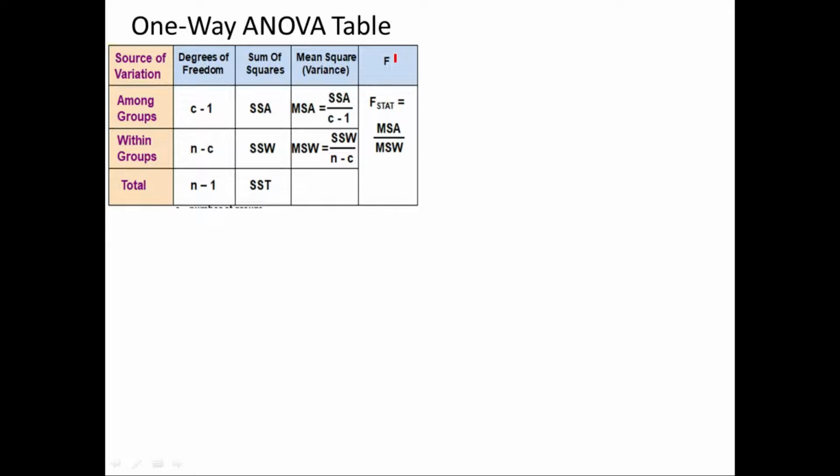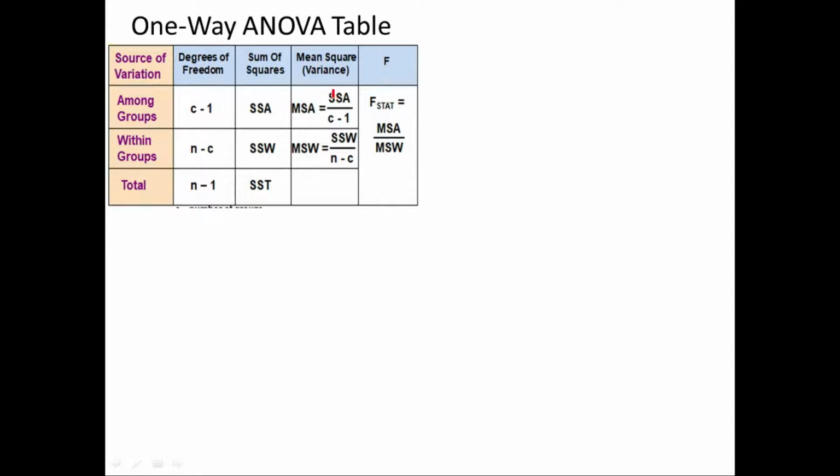The last one is that we want to calculate the F statistic, the value of F, because in this ANOVA we will apply the F distribution. Okay, F distribution, not the Z distribution, not the T distribution, but the F distribution. To calculate the F statistic, this is the formula: MSA divided by MSW.